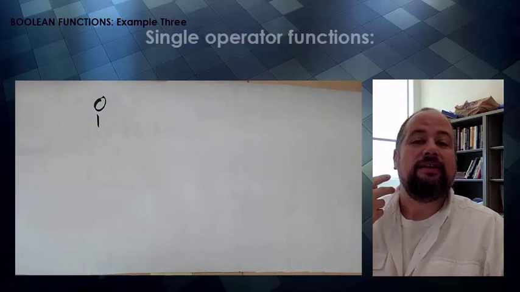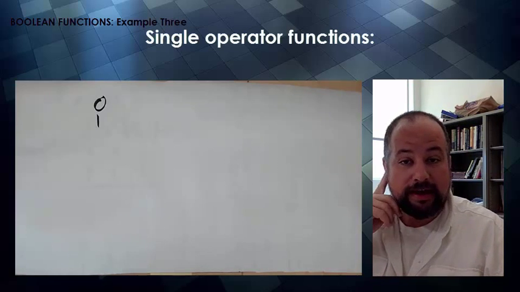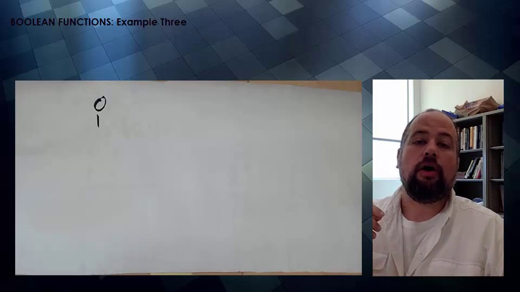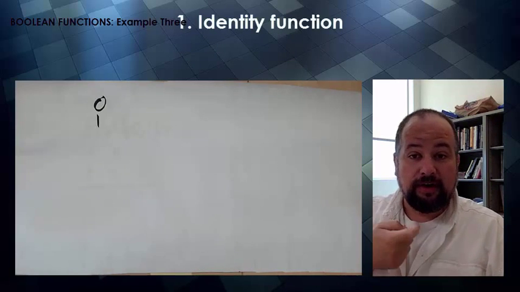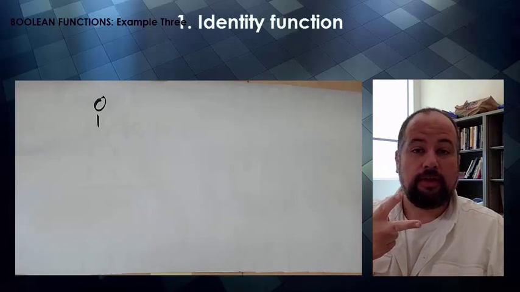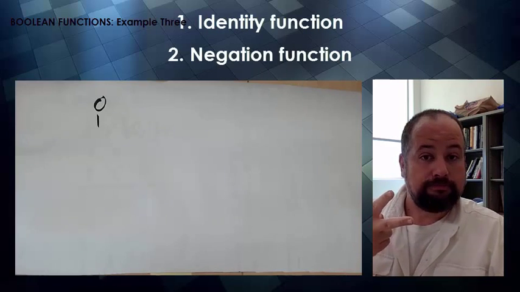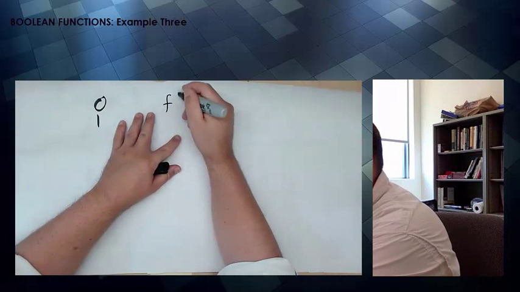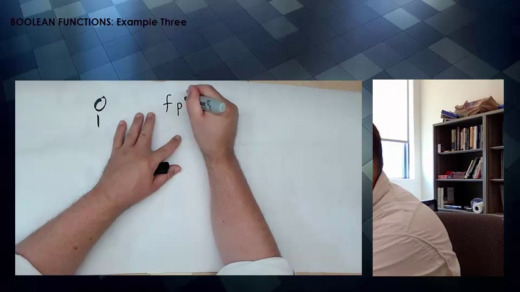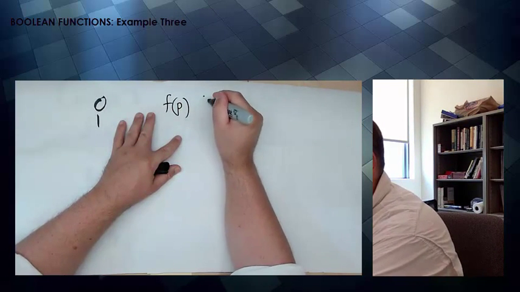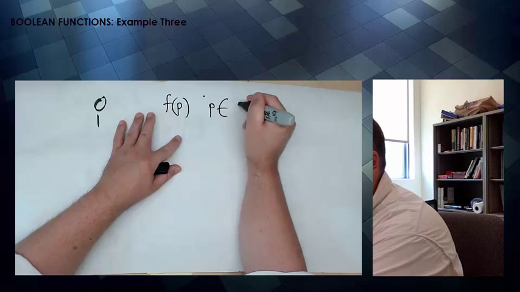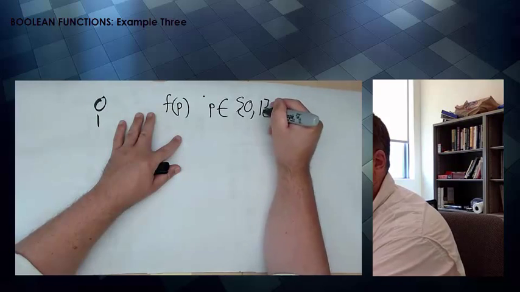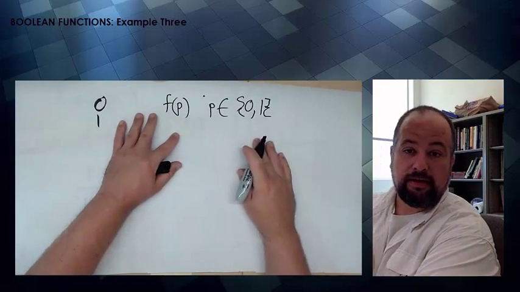The two other single operator functions, that is, there's one input, right, are the identity function and the negation, right? So the identity function, we'll call it f of p, where p exists inside our binary set, right?